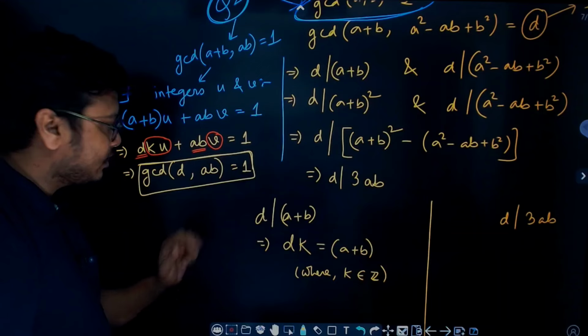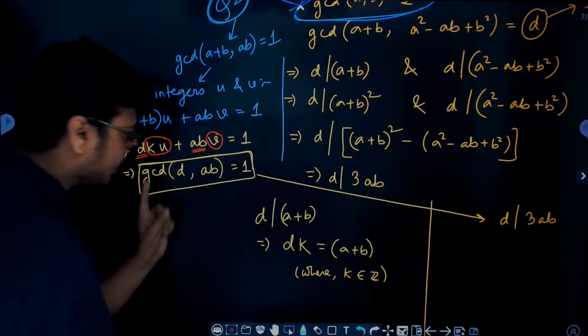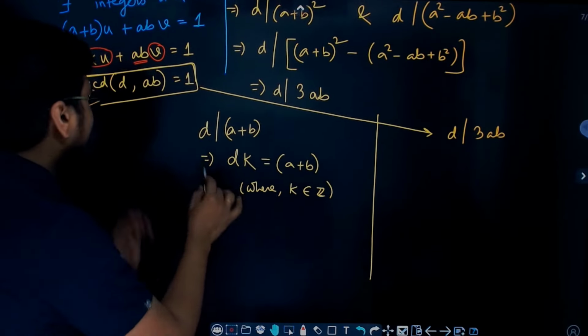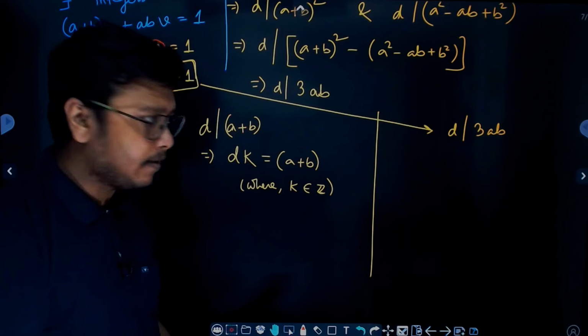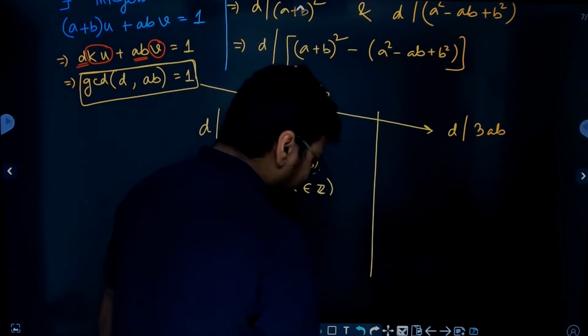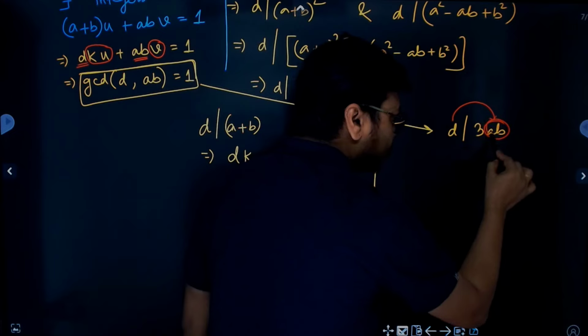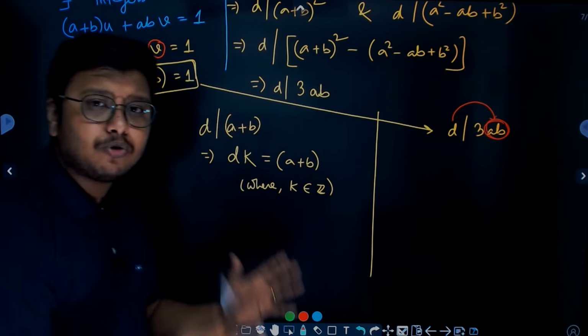So d and ab have nothing in common other than 1. D has nothing to do with the portion a into b, because d and ab are mutually prime.